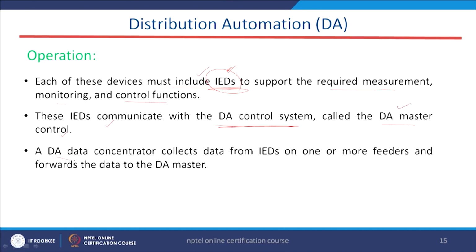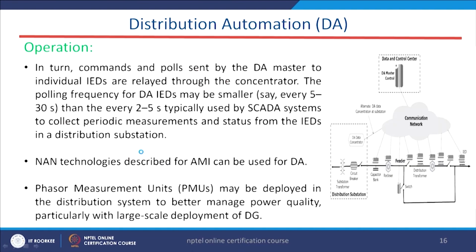Now, the DA data concentrator collects data from IEDs on one or more feeders and forwards the data to the DA master. What is the function of this DA data concentrator? It collects data from IEDs on one or more feeders, and forwards the data to the DA master control center.